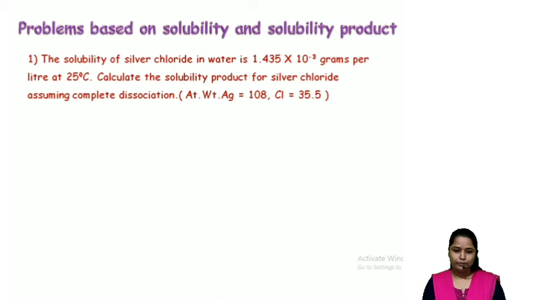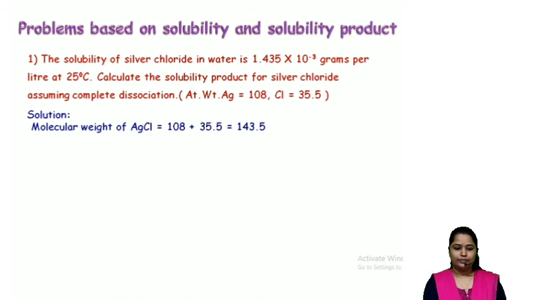In this problem the solubility of silver chloride in water is given, and we have to calculate the solubility product after assuming complete dissociation. Then let's start the solution.